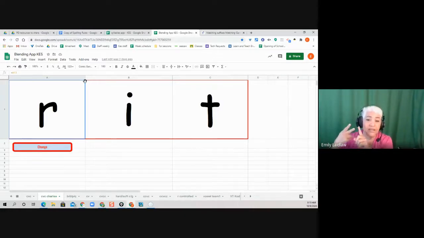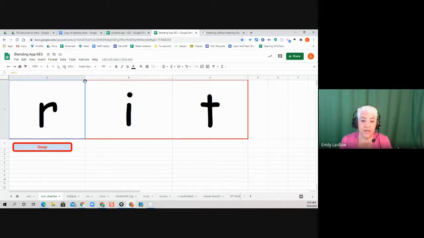We have to know that sounds are represented by letters bidirectionally, and letters represent sounds, and that letters can represent more than one sound, and one sound can be represented in many spelling combinations. So we have to have that piece of information. We have to be able to segment the sounds in a word. We have to be able to pull them apart, right? Just as we were doing with both our phonological and phonemic awareness activities.